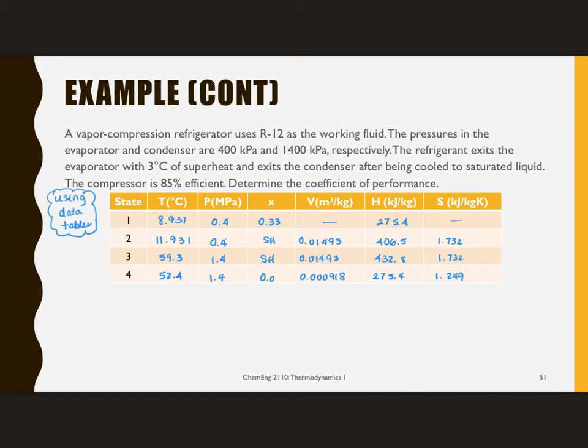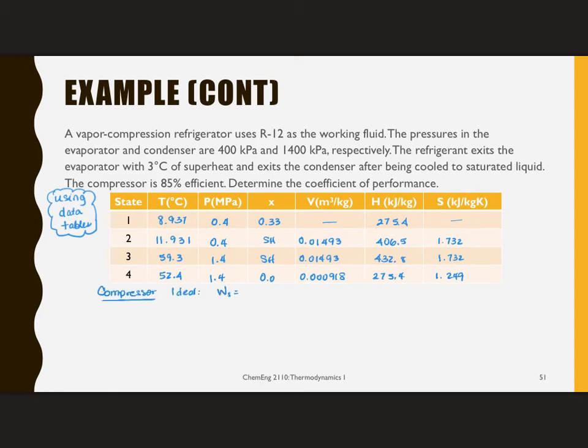So if I went through and did those same steps using data tables instead of the graph, these are the values that I obtained. But you can use either one. You'll get very roughly the same answers either way. But we start our calculations typically with the ideal compressor and then use the compressor efficiency to turn that over into an actual work for our compressor.